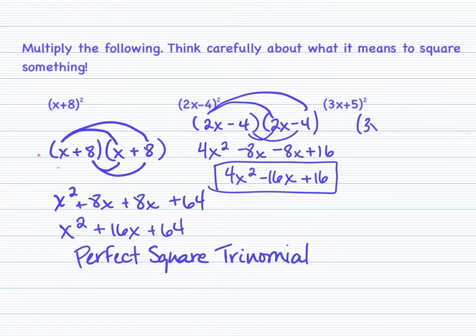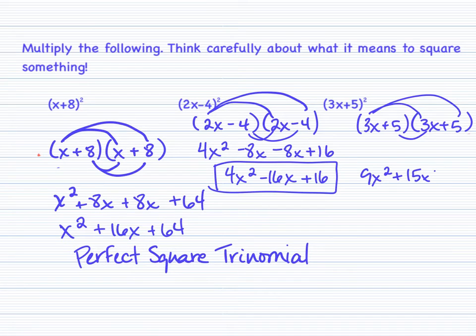Last one, 3x plus 5 times 3x plus 5. 9x squared plus 15x, and then plus 15x plus 25. Combine our like terms, we get 9x squared plus 30x plus 25.